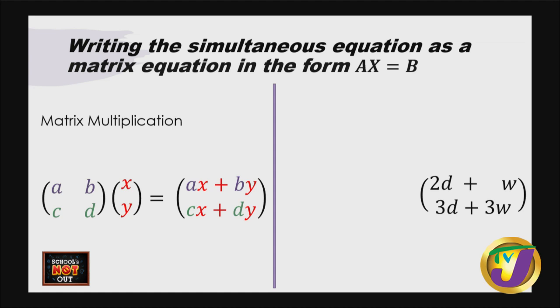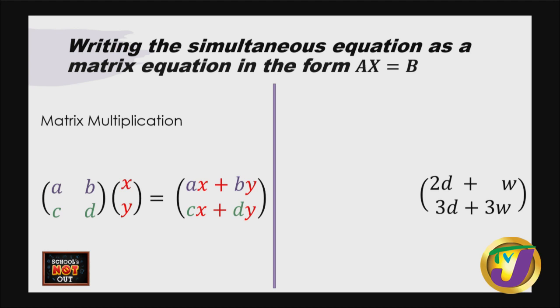What we realize is that the matrix that we just got after multiplying is a 2 by 1 matrix. So we have 2 rows and 1 column. The first row consists of AX plus BY, and the second row consists of CX plus DY. Now the equation that we wrote earlier is also a 2 by 1 matrix, where we have 2D plus W in the first row and 3D plus 3W in the second row.